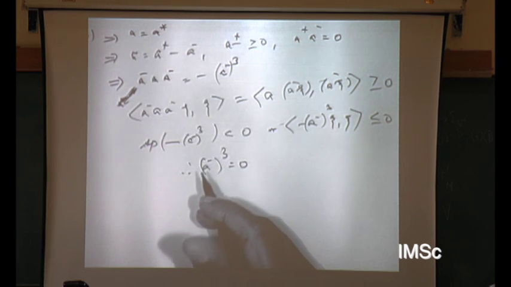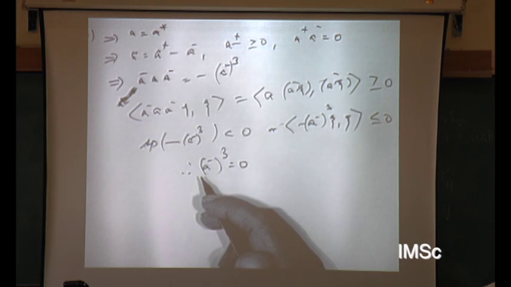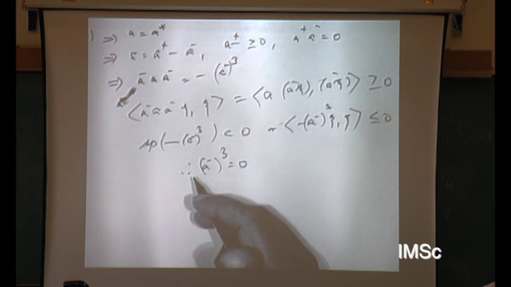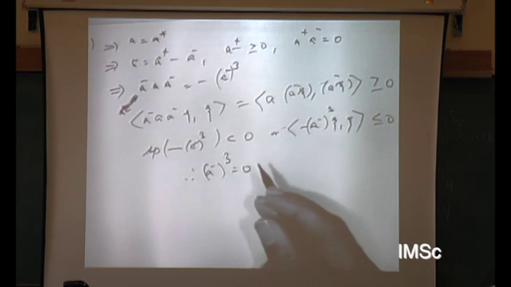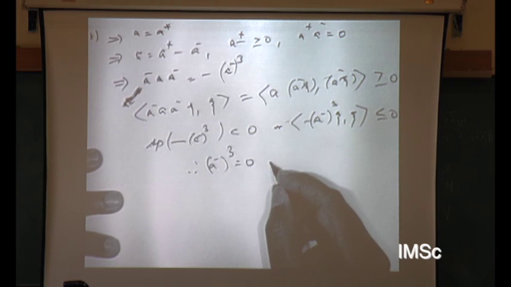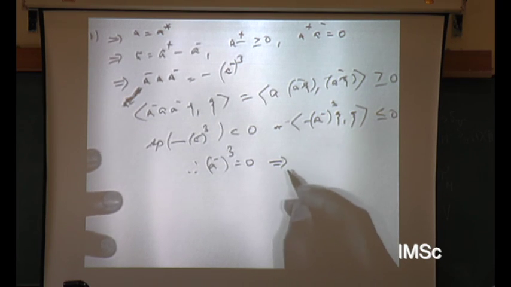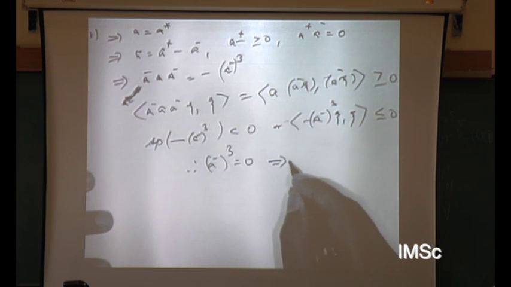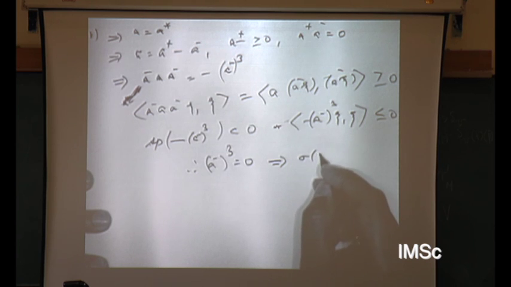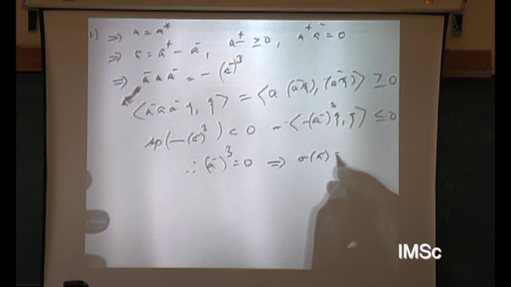But A minus is self-adjoint, and therefore its norm is its spectral radius. This says that the spectrum of A minus cube is only 0, so the spectrum of A minus is also 0.